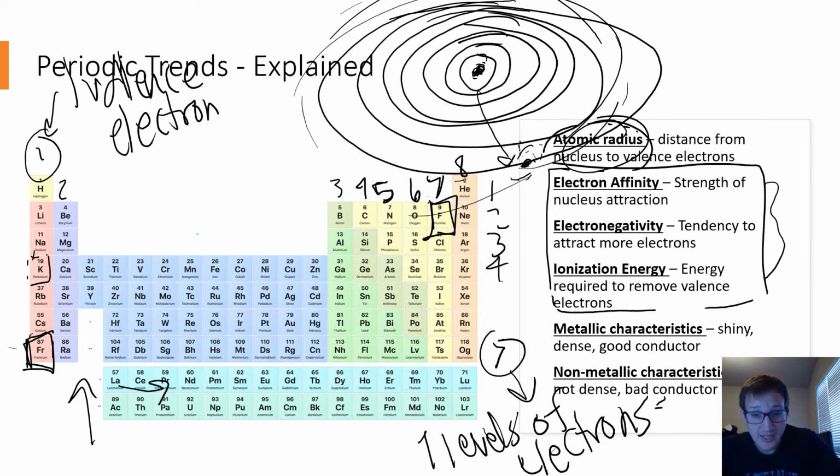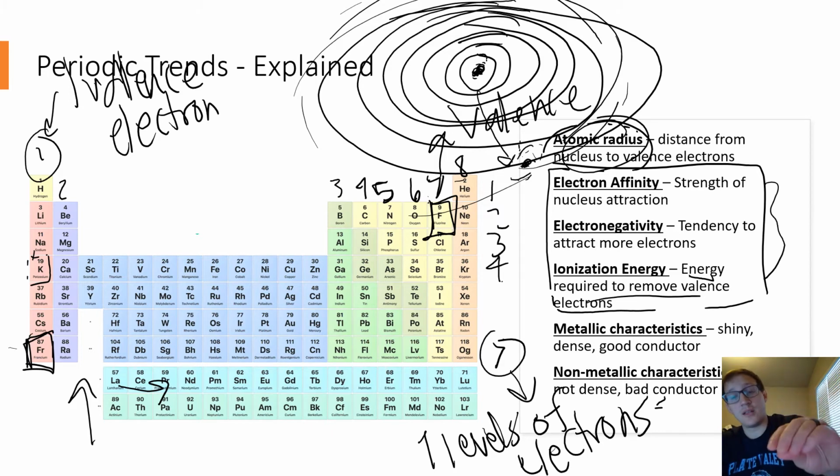The reason, again, is because it's in the 7th group. It has 7 valence electrons, trying to get to 8, which means that the energy required to remove a valence electron is really high, because when we have 7, we really want to gain one more to get to 8.